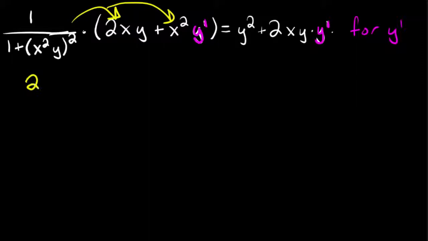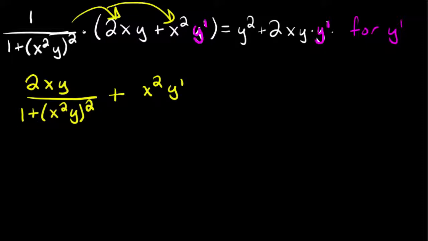So then what I get is 2xy over 1 plus x squared y squared. And I'm going to separate them. So I'm going to have x squared y prime over 1 plus x squared y squared.